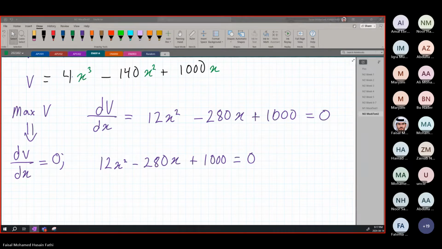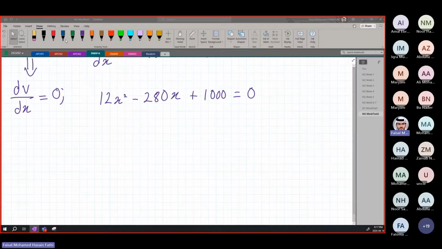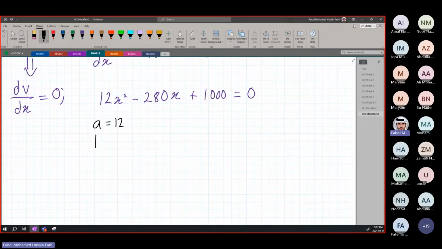Mod 5.3, here our a is equal to 12, our b is equal to minus 280, remember the signs, and our c is equal to 1000. And here you can just use mod 5.3 in the calculator. So 12, minus 280, 1000.